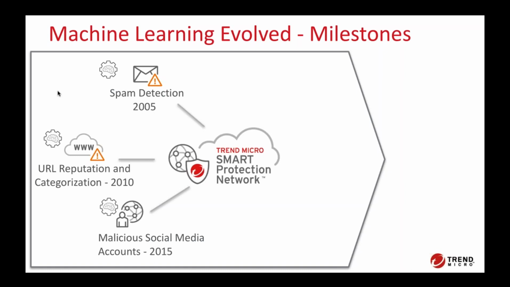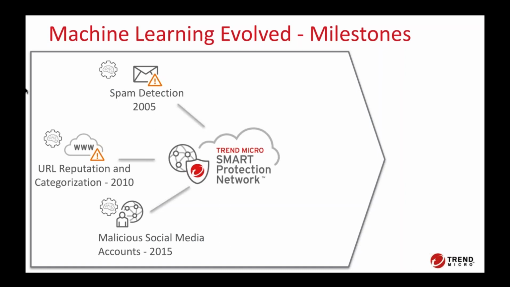Then, in 2010, we brought it into our web reputation, URL, and categorization, and then it became part of our social media scanning engine as well. The reason I've highlighted machine learning here is because that is the one everybody's talking about now. When it comes to people talking about next gen and the endpoint, machine learning is absolutely the key one that everybody is mentioning.